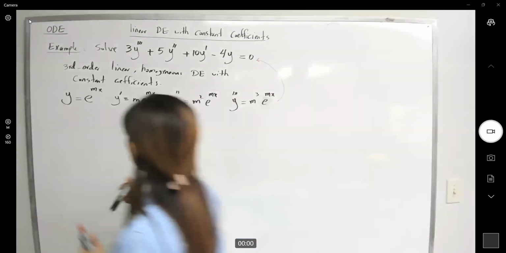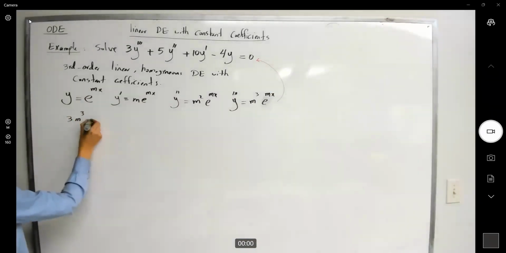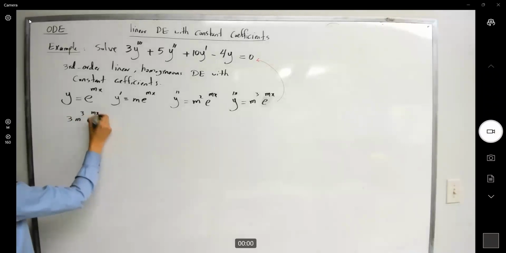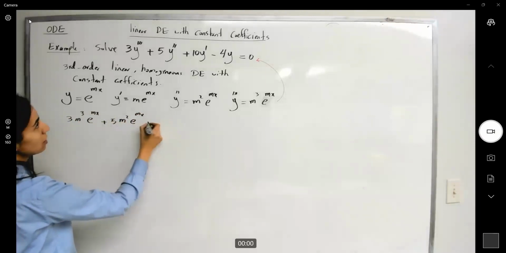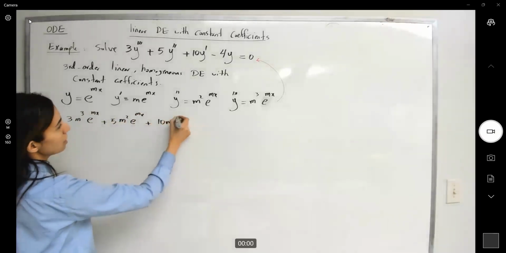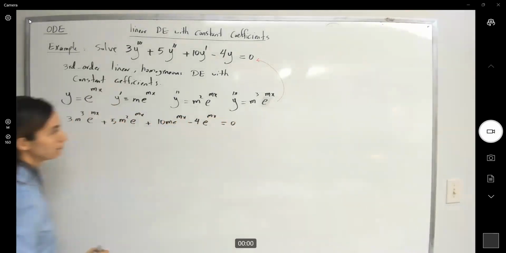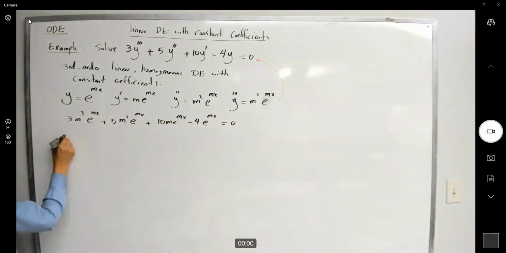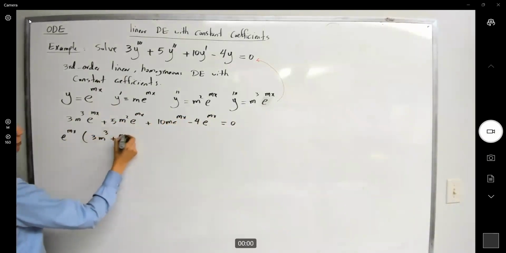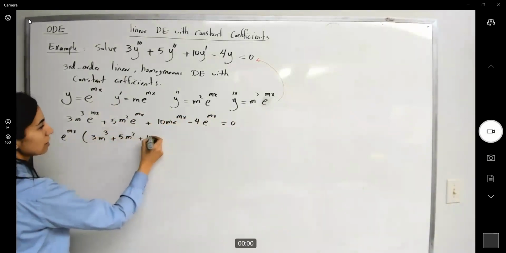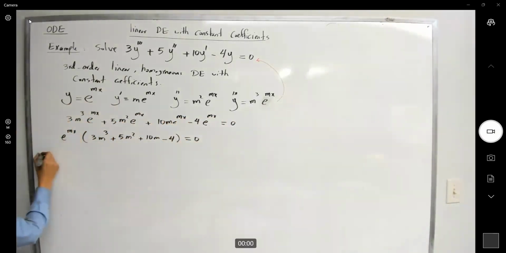You get 3m cubed e to mx plus 5m squared e to mx plus 10m e to mx minus 4 e to mx equal to 0. Using algebra, e to mx is factored out, 3m cubed plus 5m squared plus 10m minus 4 equal to 0. This is not 0.